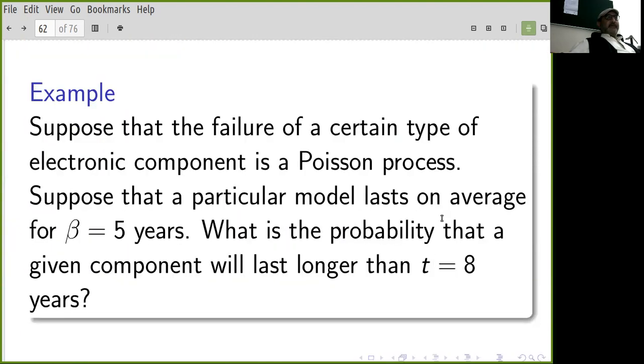Okay, here's another example. The failure of a certain type of electronic component is a Poisson process. Suppose that a particular model on average lasts for beta equal to 5 years. What's the probability that a given component will last longer than t equals 8 years? So here you're going to integrate the PDF for the exponential random variable from t equals 8 to t equals infinity.